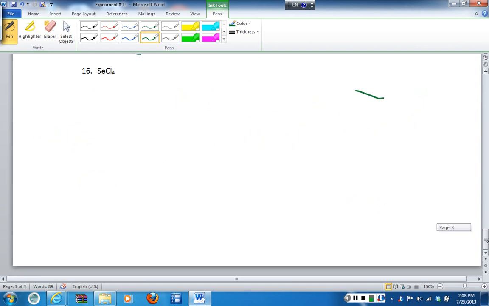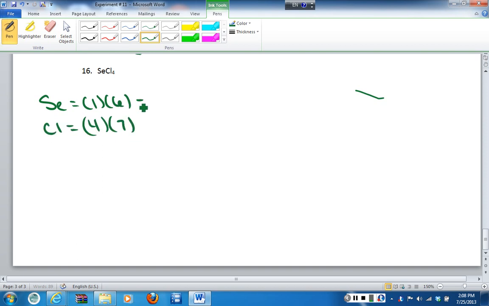Alright, so moving on to the last example, we have selenium tetrachloride. Again, you're going to have to draw the Lewis structure for this one. For selenium, there is one of them, it's in group 6. Chlorine, 4 of them, group 7. So I should have 34 valence electrons when I'm done.